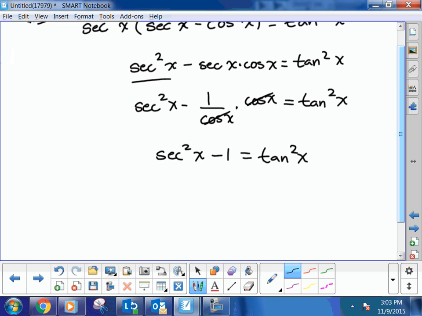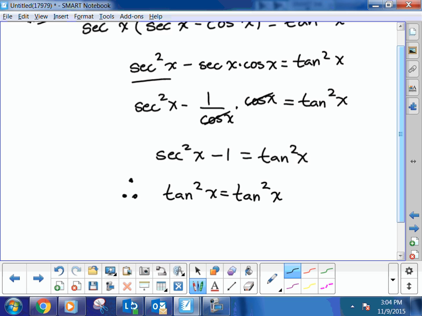And at the very last part of this, you can write in conclusion, since we know that this equals tangent squared x, then tangent squared x is equal to tangent squared x. And you have a solution. Once your left side equals your right side, then you are done.